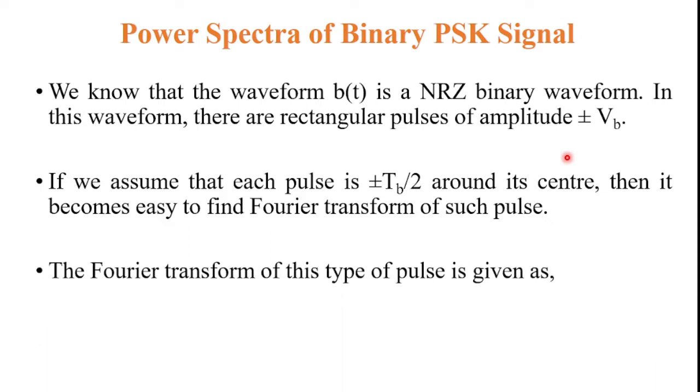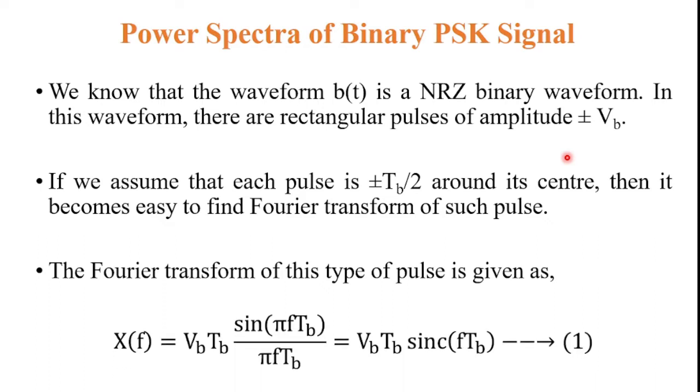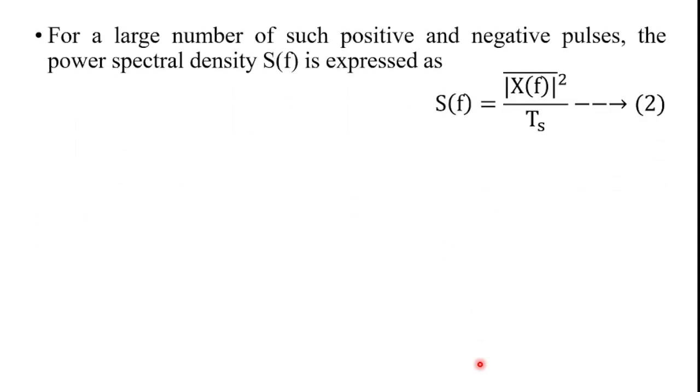The Fourier transform of this rectangular pulse is given by X(f) equal to Vb Tb times sin(pi f Tb) by pi f Tb, where Vb is the amplitude of the rectangular pulse and Tb is its bit duration. This equation is also represented in terms of the sinc function as Vb Tb sinc(f Tb), and this is considered as equation 1.